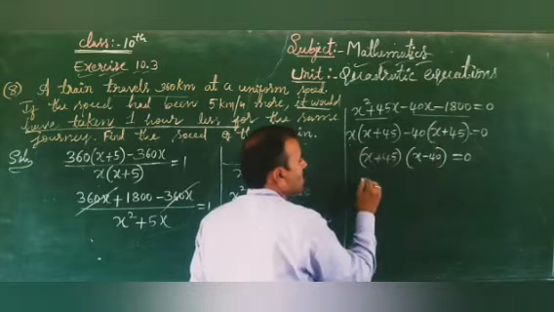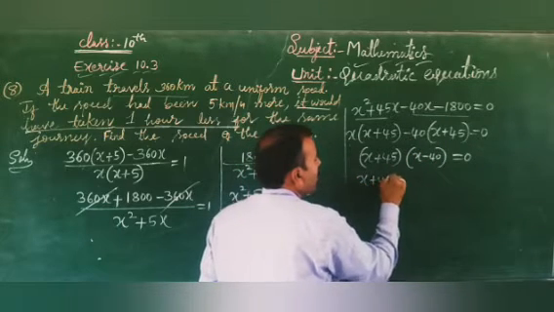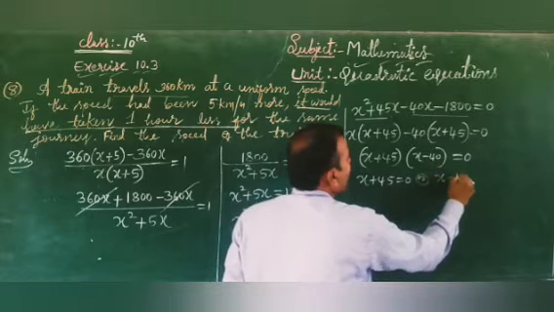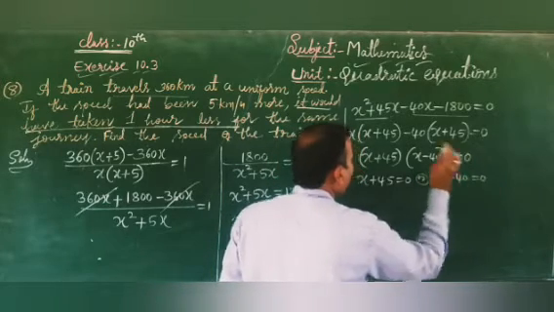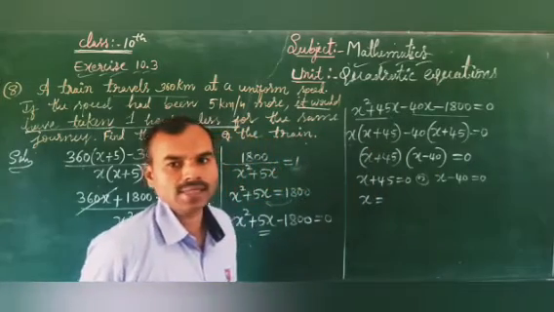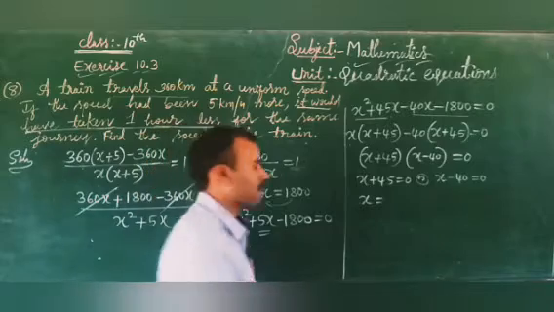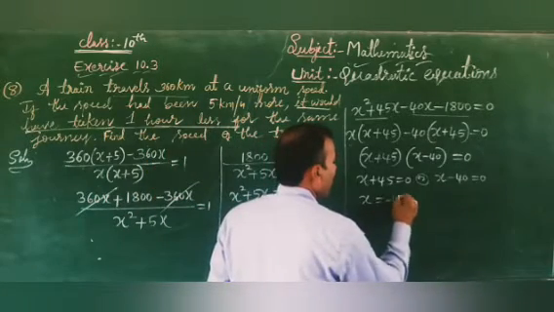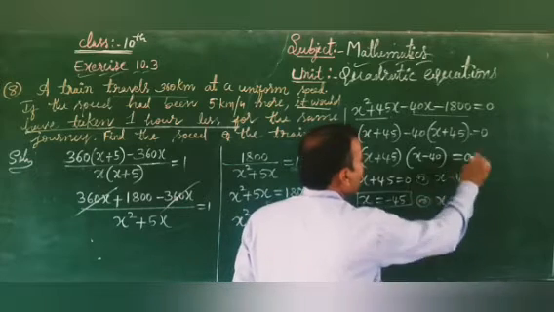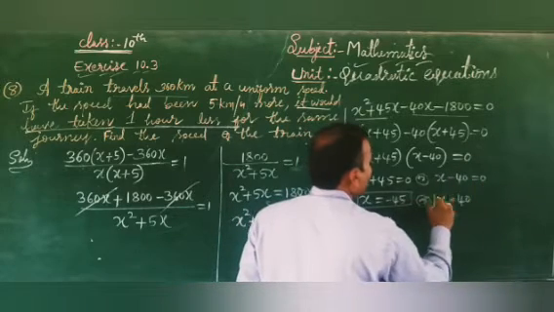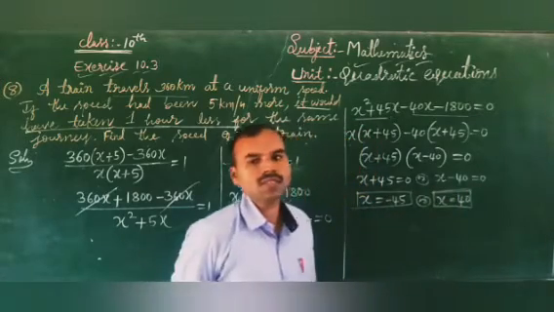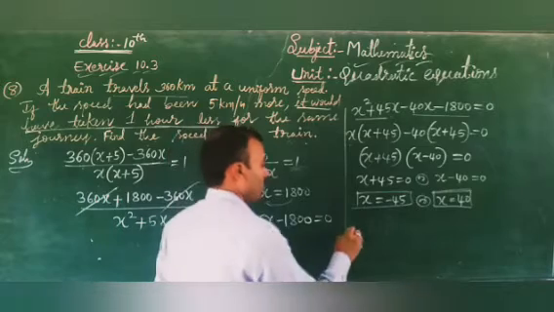Each equals 0: x plus 45 equals 0 or x minus 40 equals 0. Transposing plus 45 to the RHS it becomes minus 45, or x equals minus 40 becomes plus 40. Here we consider only the positive value, so x equals 40.